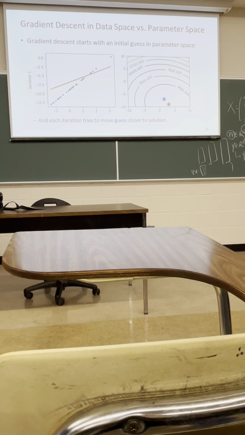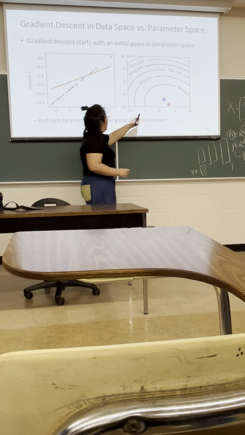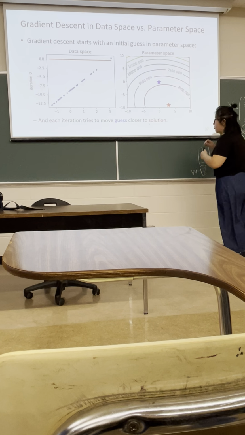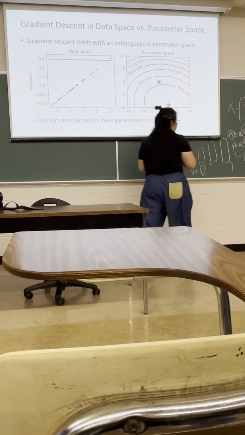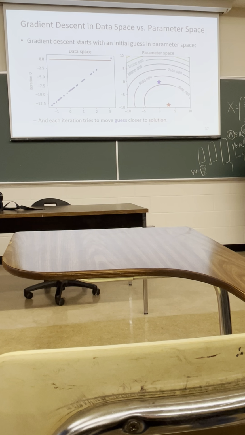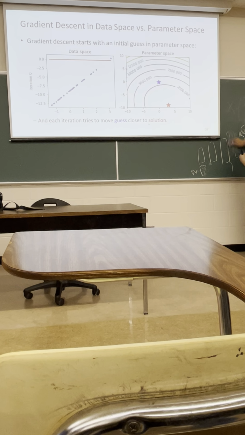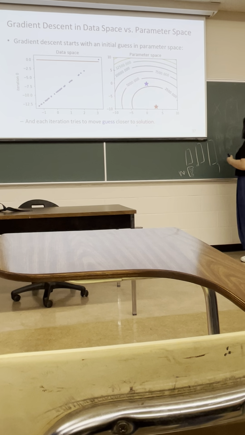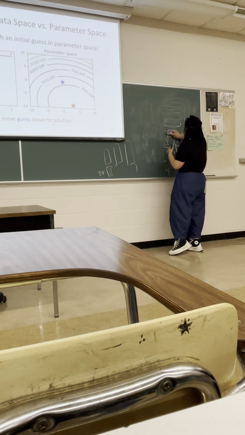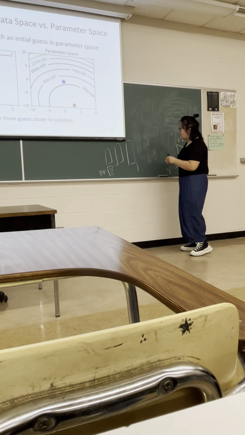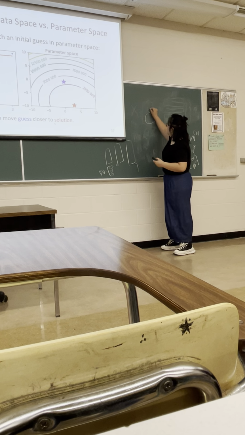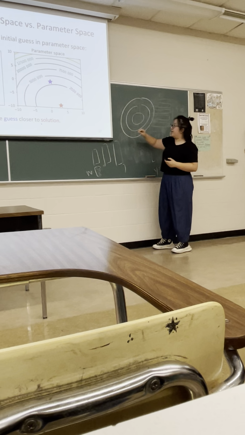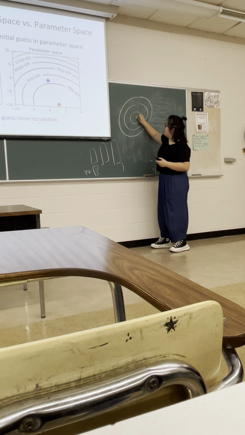Then we calculate the gradient at this point. Let me make it very clear. In 2 dimensions, we have a lot of contours, and obviously the optimal solution should be in this area.